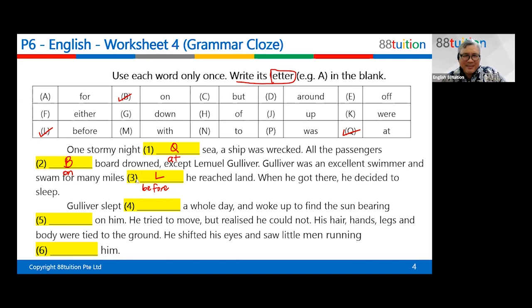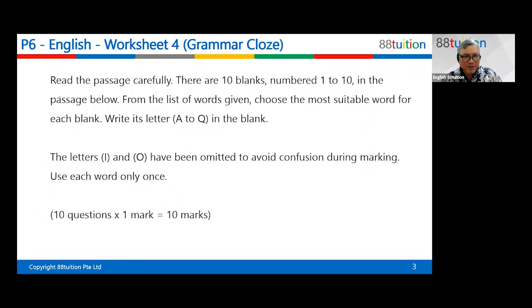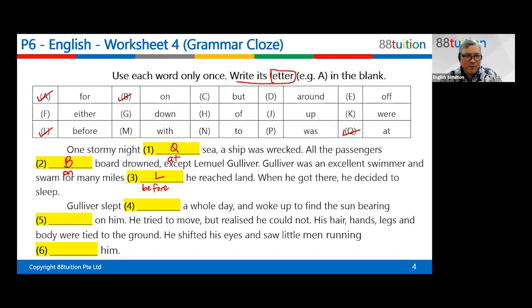Gulliver slept for or slept off a whole day? I would rather think it was for, okay? It was for. It's more for. For a whole day. Okay, Gulliver slept. So it's a preposition. Gulliver slept a whole day.